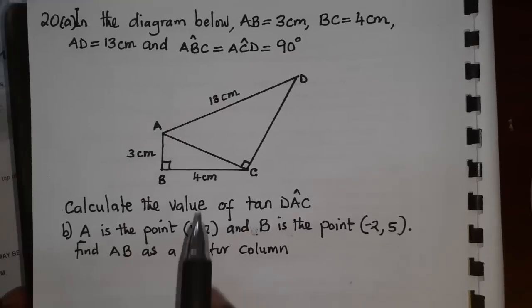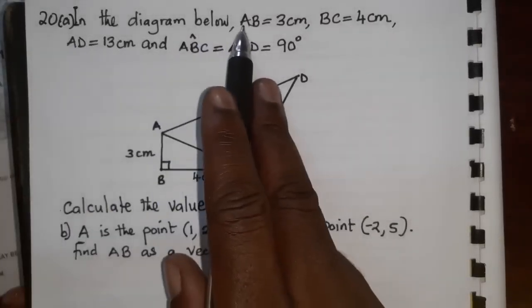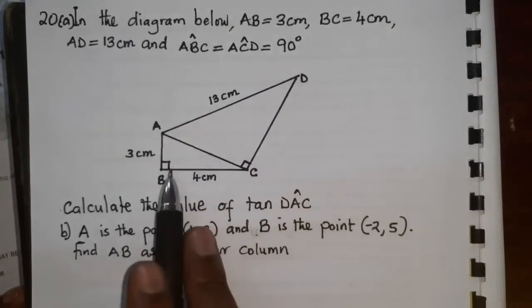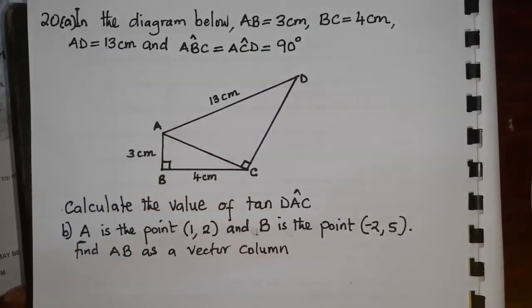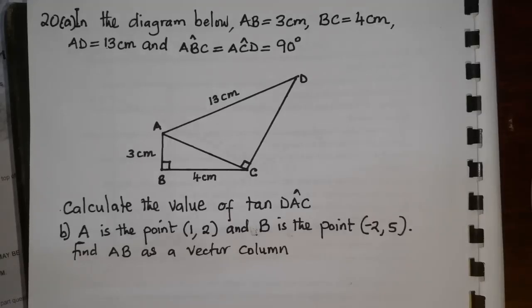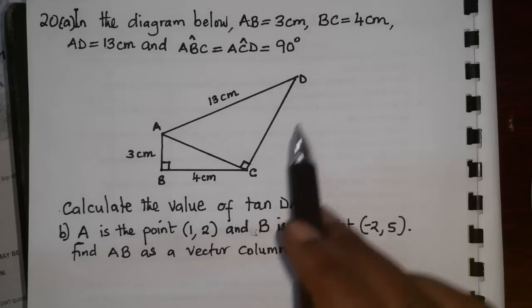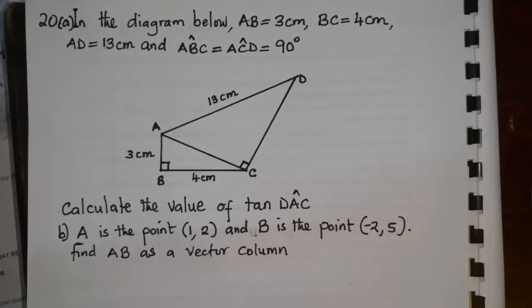So in the diagram below, AB is equal to 3 centimeters, BC is 4 centimeters, and AD is 13. The question is: calculate the value of tan DAC.